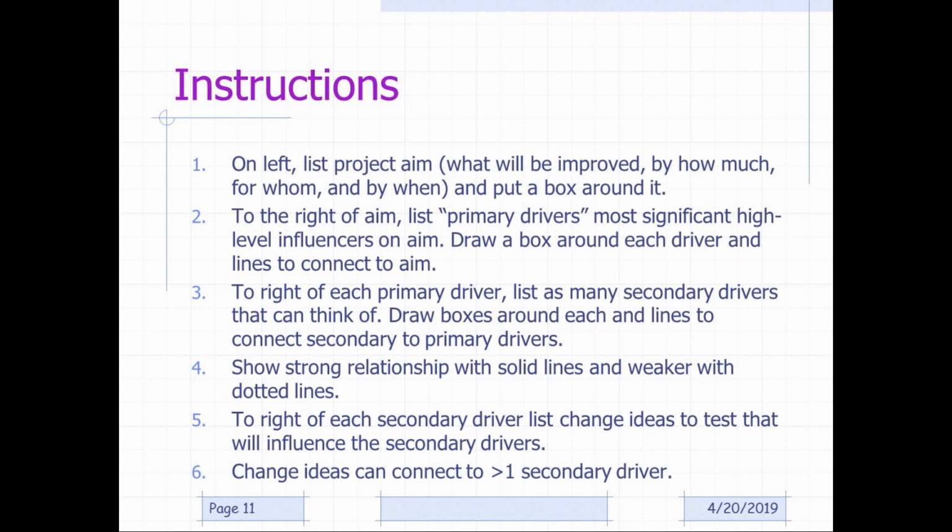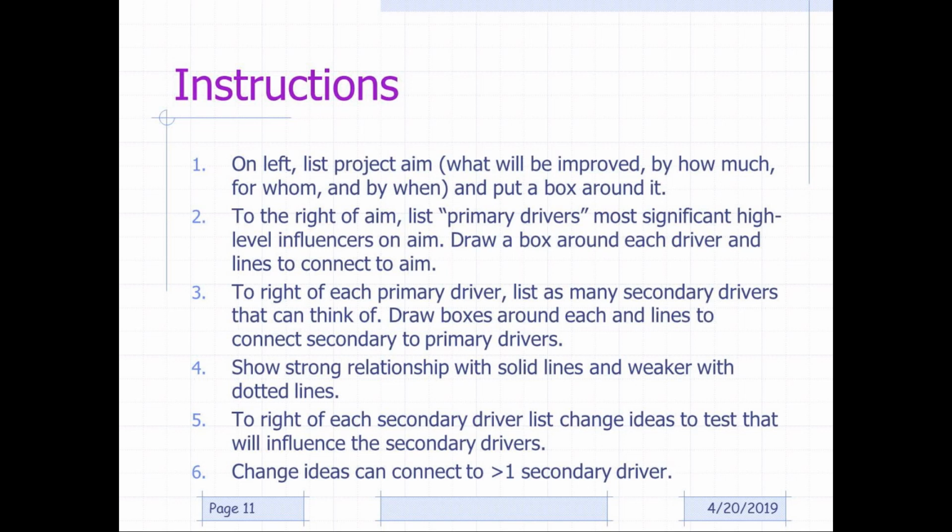So on the left, you list the project aim. What's to be improved on, by how much, by whom, and by when, and you put a box around it. To the right of the aim is the primary drivers. These are the most significant high-level influencers on the aim. You draw a box around each driver with a line to connect to the aim. And to the right of that, you list as many secondary drivers as you can think of.